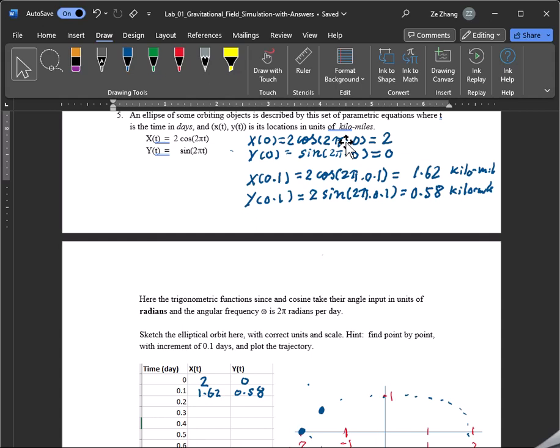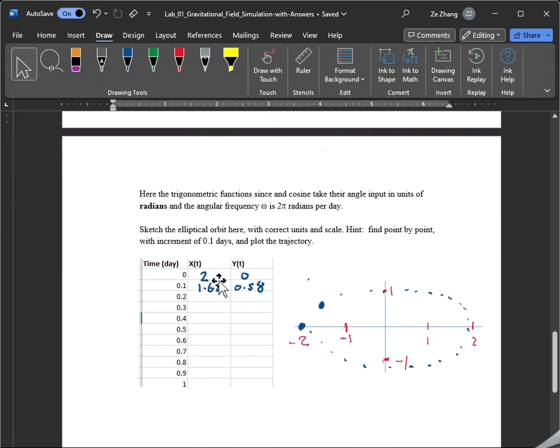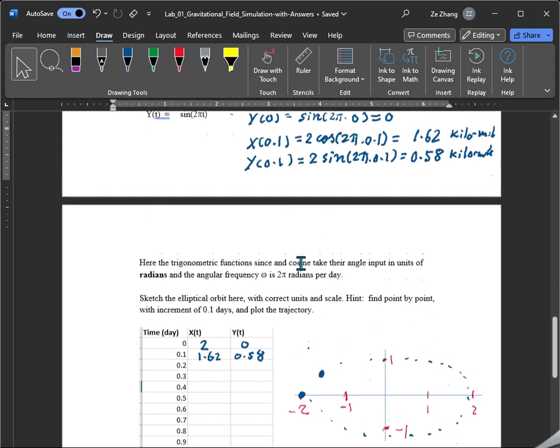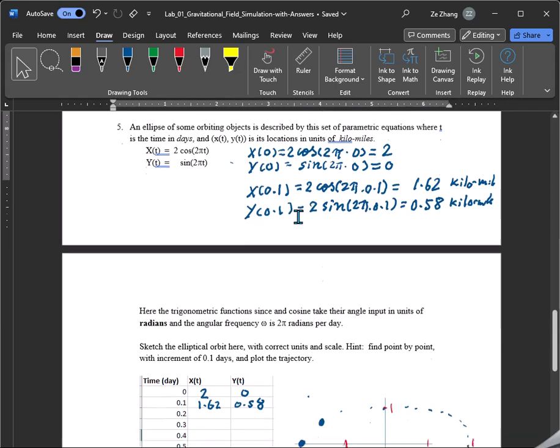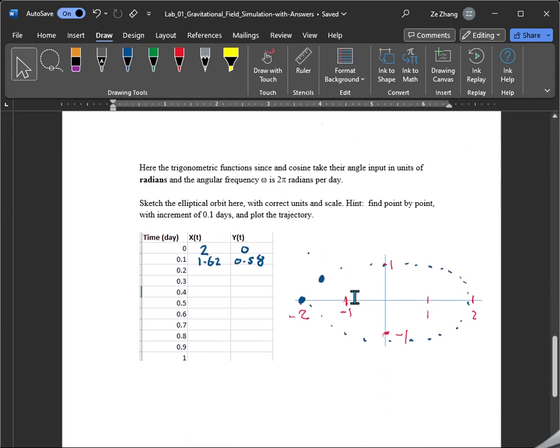Otherwise, you get really weird numbers. So then you get 2, and y is 0 at t equal 0. Therefore, the first point is 2, 0, which is the point here on this chart on the right.